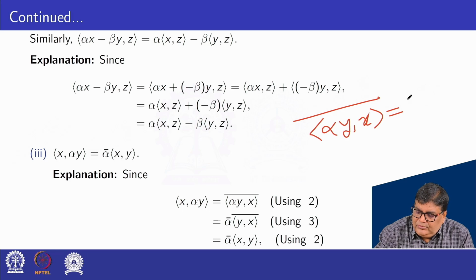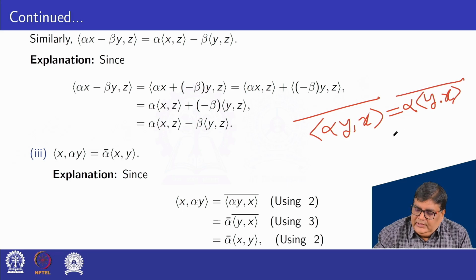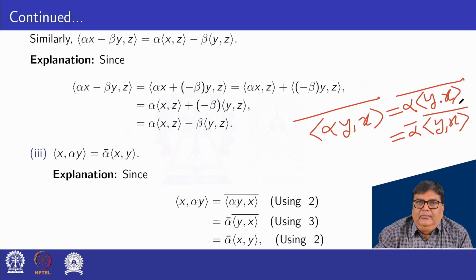This can be written as alpha bar times the conjugate of inner product of (y, x), and again using property 2 of inner product, that is inner product of (x, y). So inner product of (x, alpha y) equals alpha bar inner product of (x, y).